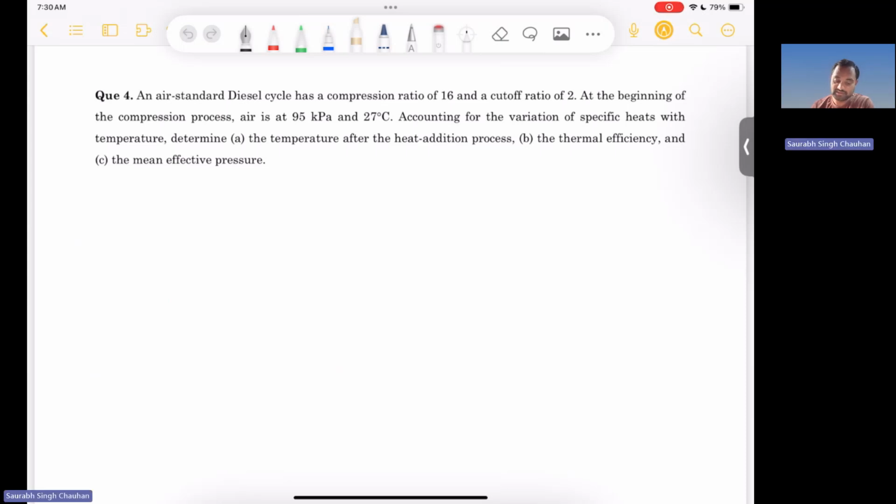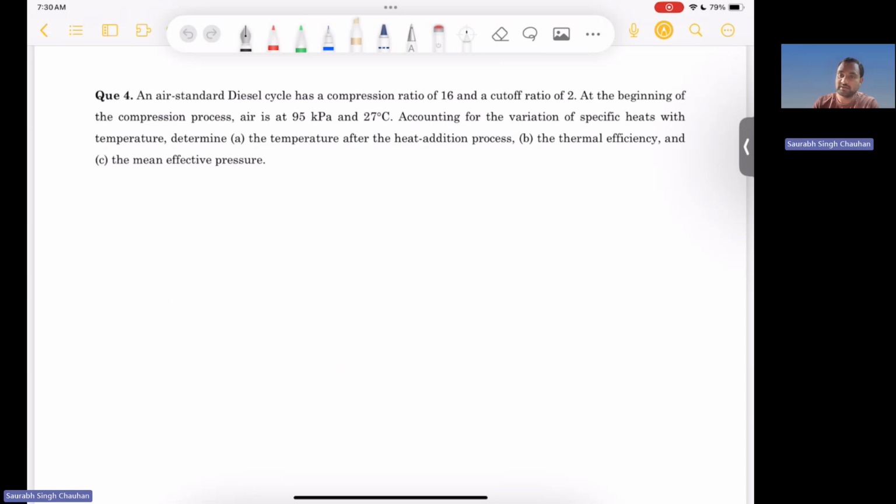At the beginning of compression process, air is at 95 kilopascal and 27 degrees Celsius. Accounting for the variation of specific heats with the temperature, we have to find the temperature after the heat addition process, thermal efficiency, and the mean effective pressure.